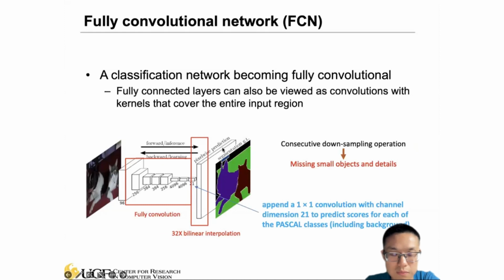So to mitigate this issue, this paper uses a classification network and tries to adapt it into a fully convolutional network. If you look at the architecture here, this is a standard CNN for classification. You have the conv layers and pooling, so the size of the feature map gradually decreases.